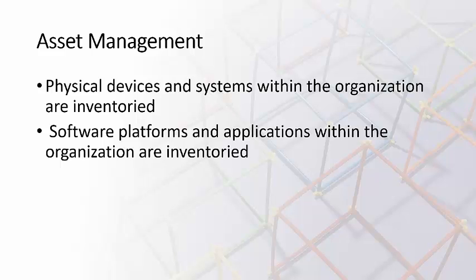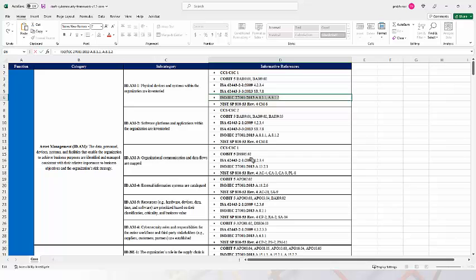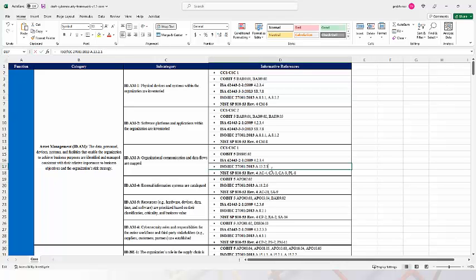Okay, let's move to the next part. Now, the next important thing is that organization communication and data flows are mapped. Now, if I go back to the Excel sheet, it clearly says organization, communication, data flow, and they talk about the category which is ISO A.13.1.1.